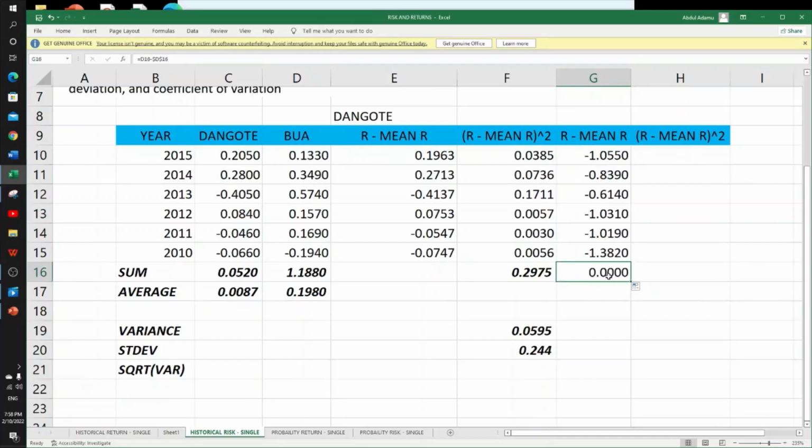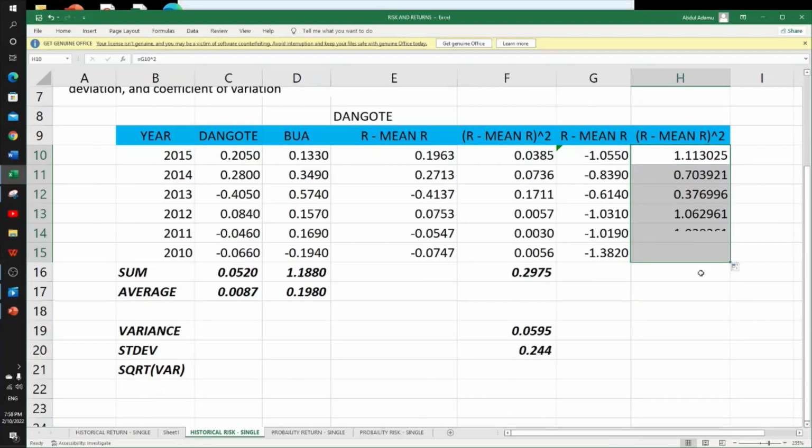Delete this, equals to this square raised to power 2, enter, copy it down. So alt equal to add it.